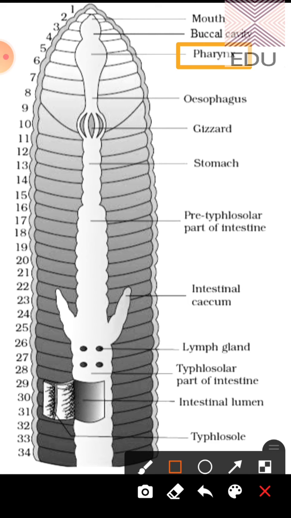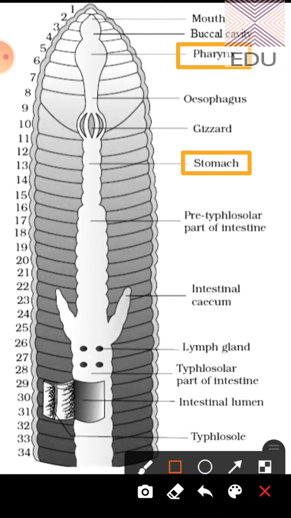Having various mucus cells and enzymes, this saliva will be digesting the food in the pharynx. Now students, the second part where the digestive glands are present is the stomach. The stomach has the gastric epithelium. So the epithelium layer of the stomach is called the gastric epithelium.